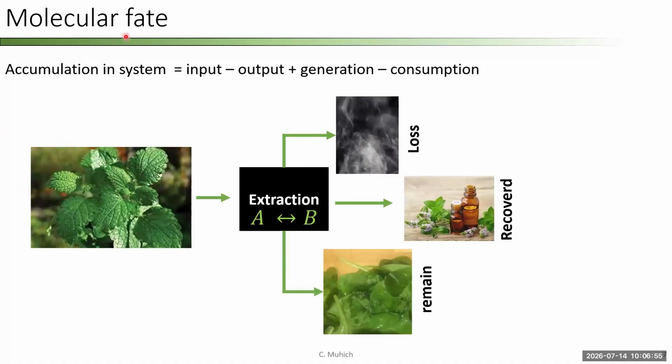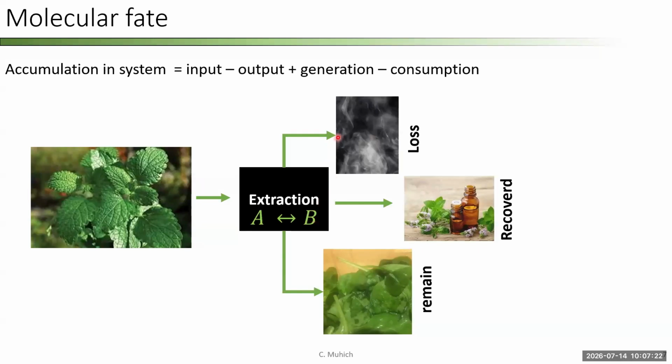So if we think about our molecular fate of this peppermint, right, it's going to be the input to our system. We're going to have generation and or consumption in here, so we can think about this in terms of degradation of a desirable compound or generation of a desirable compound.